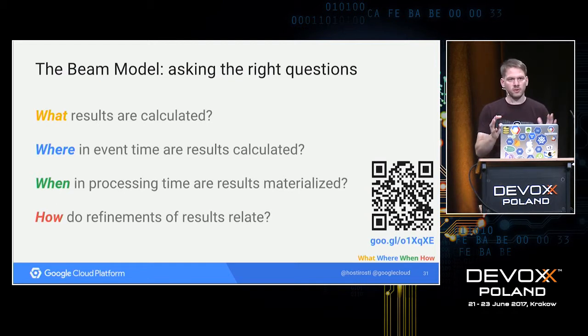If I window them and do an aggregation, I might want to wait a little bit for late incoming data, so I have to make a decision when I'm actually materializing this data. And the last one: how do I refine my results? That looks at what I am doing with the data when late data comes in after I already materialized results, or what I am doing if I want to materialize results early, for instance.